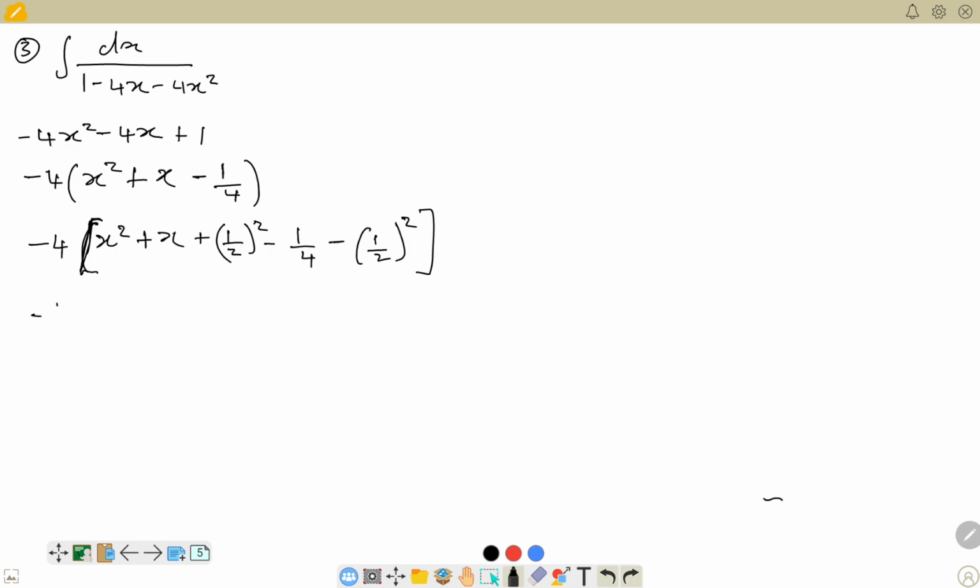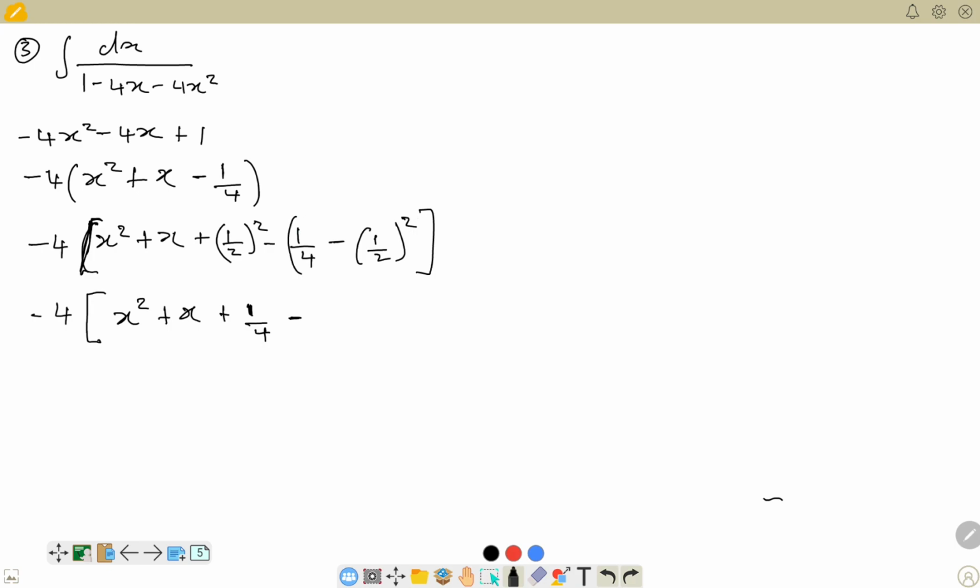Then we have negative 4 times x squared plus x, which works out to 1 over 4, then minus 1 over 4.